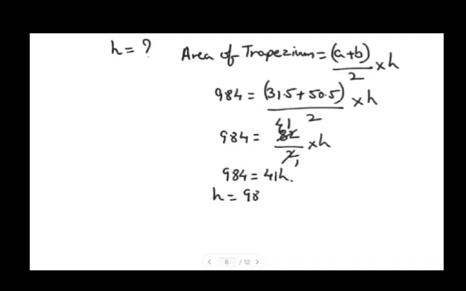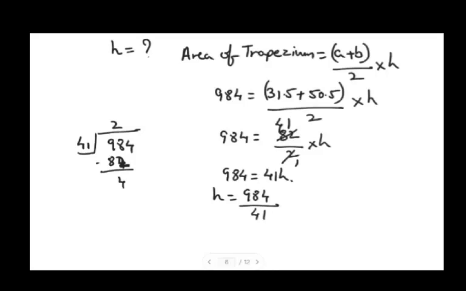H is equal to 984 upon 41. So how much would that be? 984 divided by 41. 41 2s are 82.